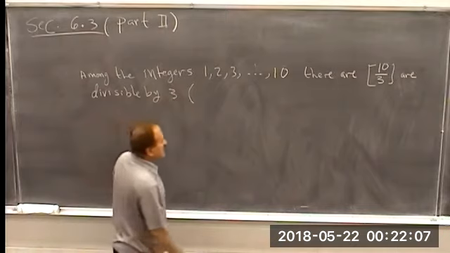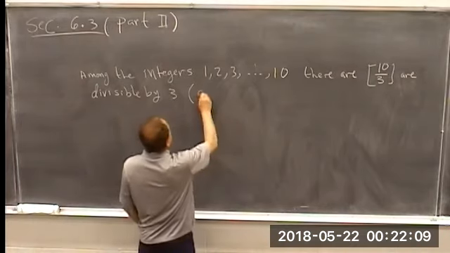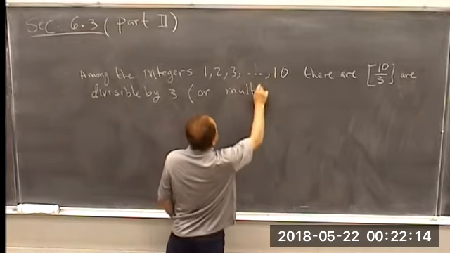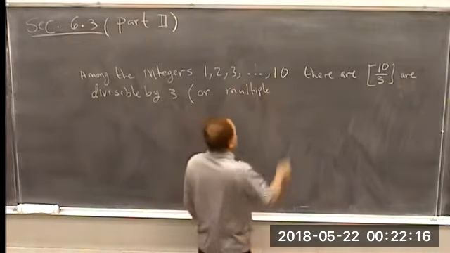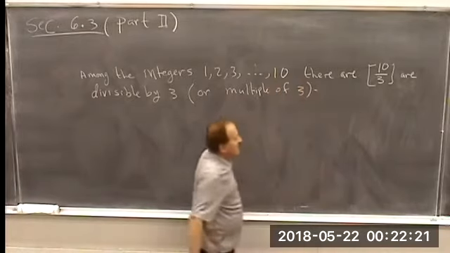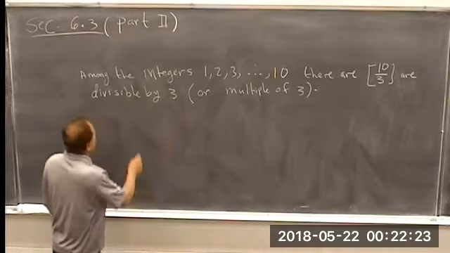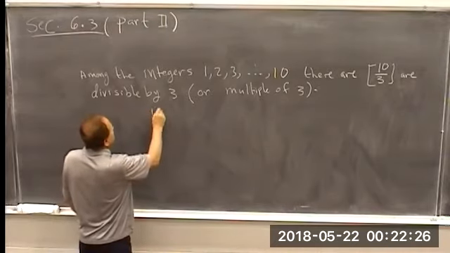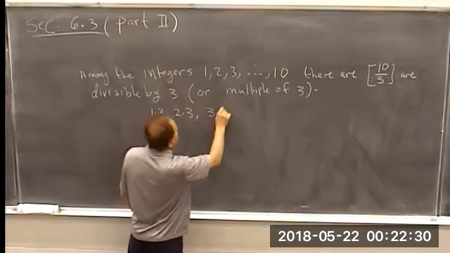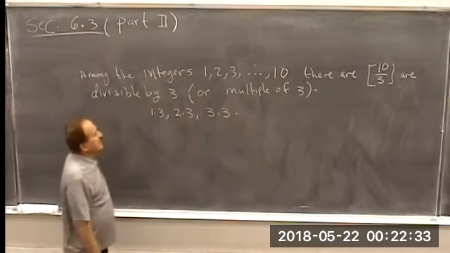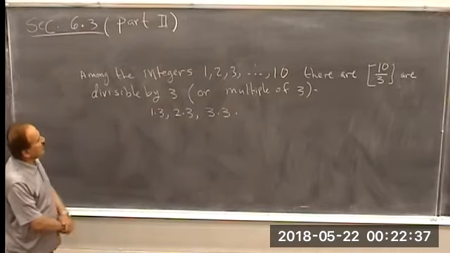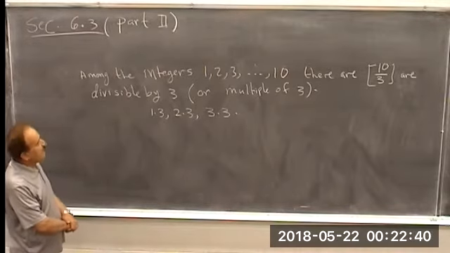Or we could say among these integers, the multiples of 3, and these are, of course, 1 times 3, 2 times 3, and 3 times 3. So these are the ones among them that are multiples of 3 or divisible by 3.